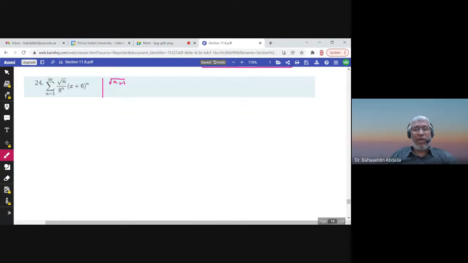We are writing a_{n+1} divided by a_n, or multiplied by the reciprocal of a_n.